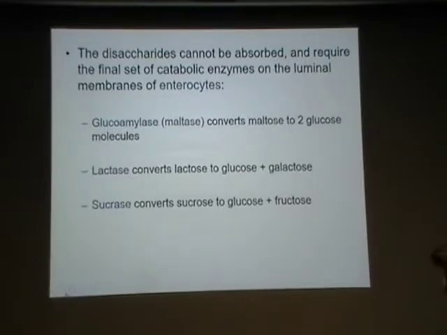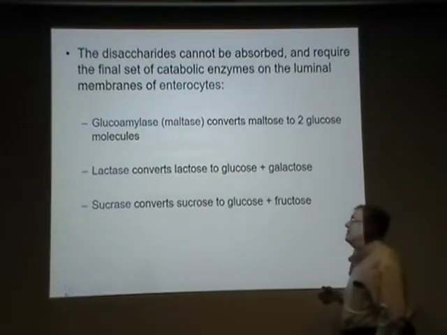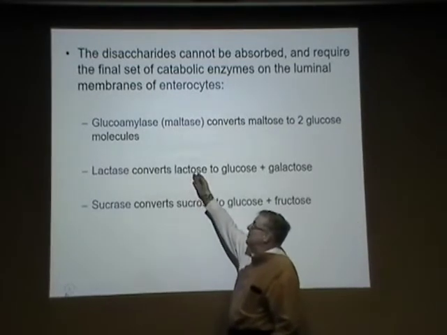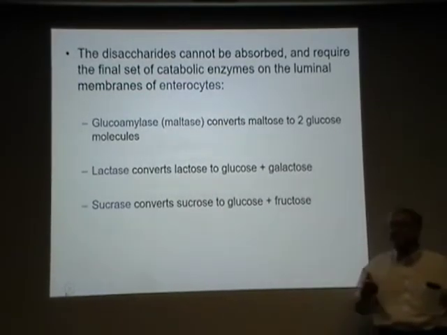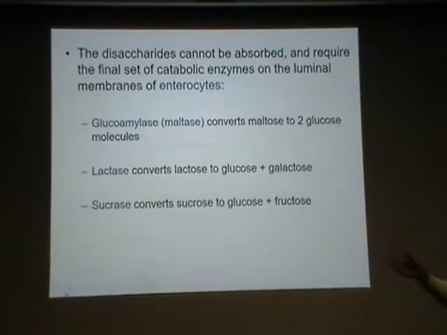Glucoamylase is one of those enzymes, but most commonly the name I would use is maltase. What maltase does is break maltose into two glucoses. Then lactase breaks lactose into glucose and galactose, and sucrase breaks sucrose into glucose and fructose.